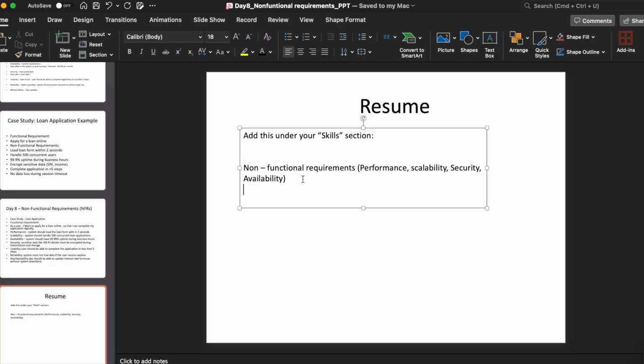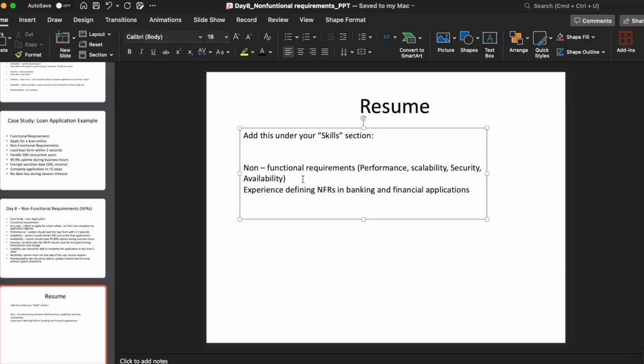Experience: defining non-functional requirements, or you can write the short form, NFRs, in banking and financial applications. So based on your project, you can write this one.